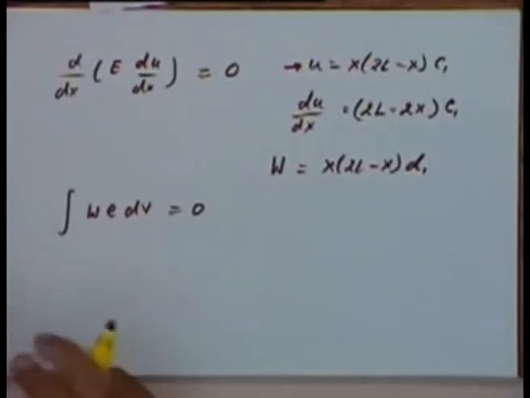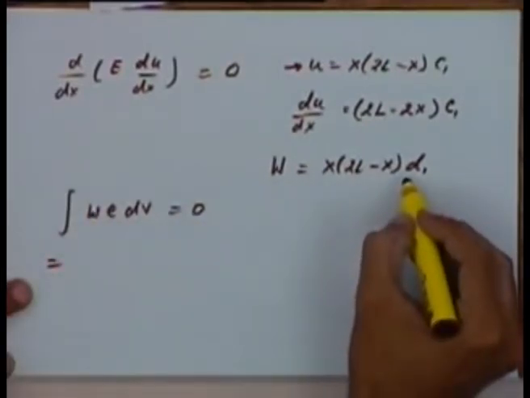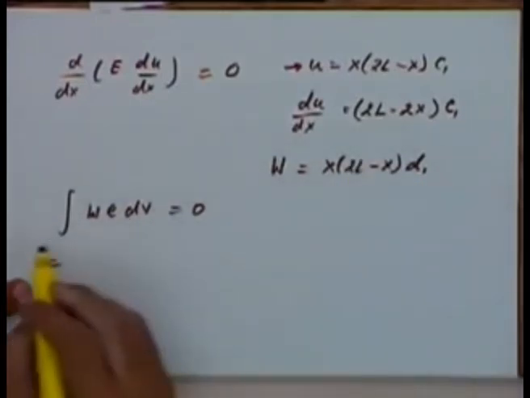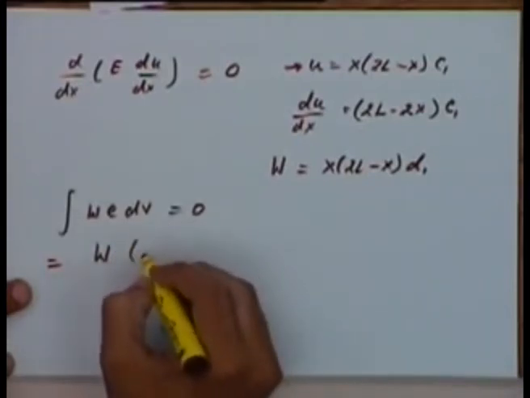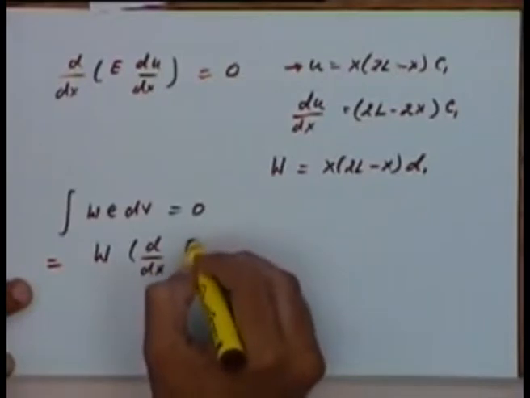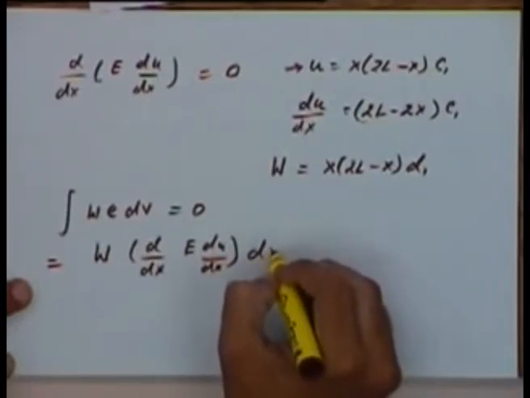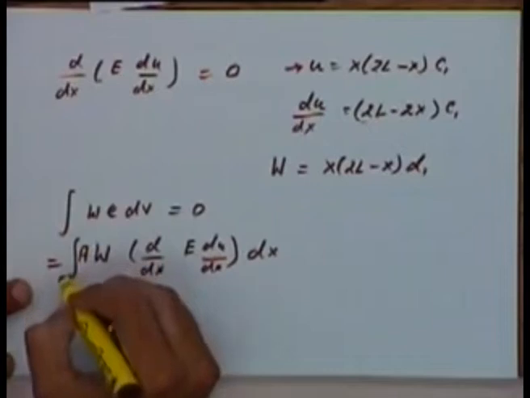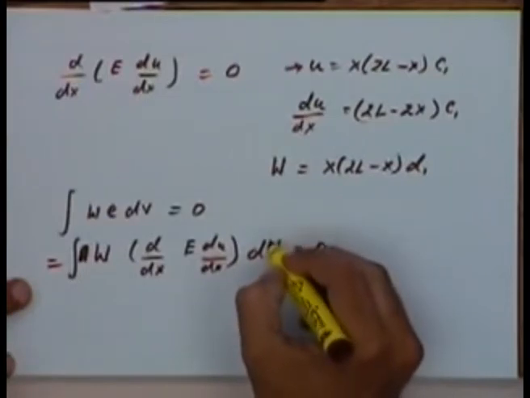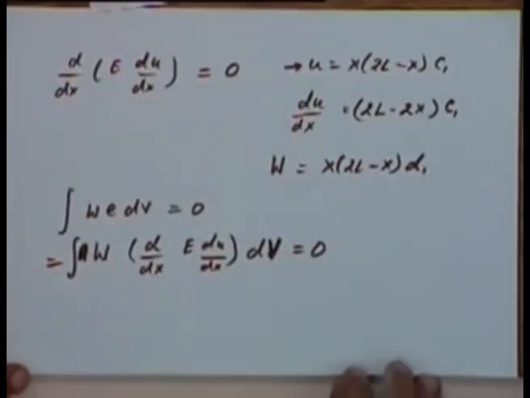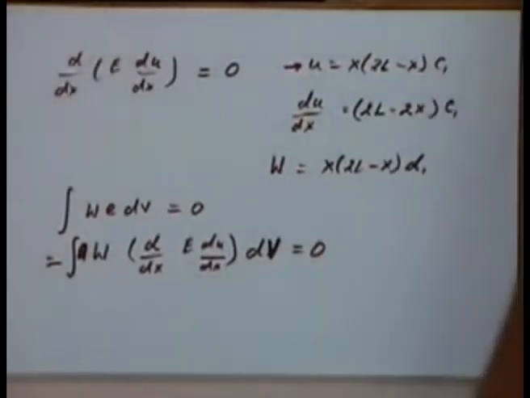So W we will get from this expression, and we put W into d by dx of E du by dx multiplied by dV, which is the same as A times dx, equal to 0, where W is the weight field that we have given. It is going to be slightly mathematical.